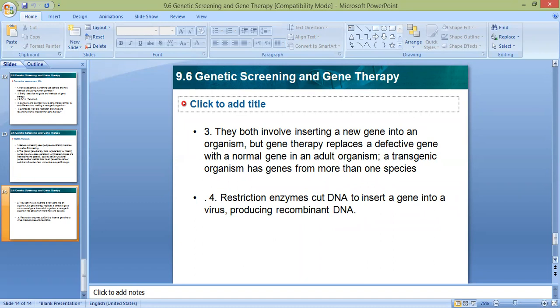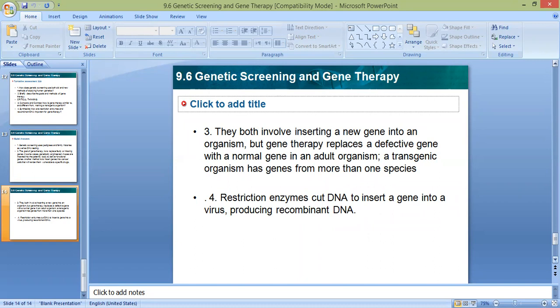The transgenic organism has genes from more than one species. When you make a transgenic organism, like a virus or bacteria, this transgenic organism has genes from more than one species, or it could be one or more species.